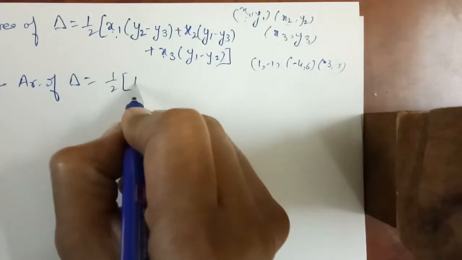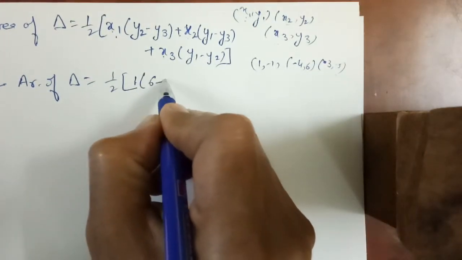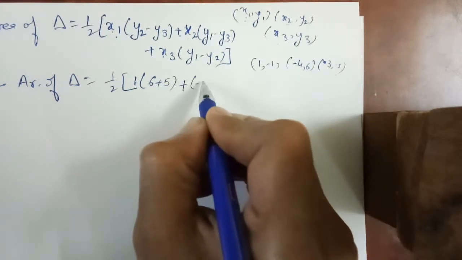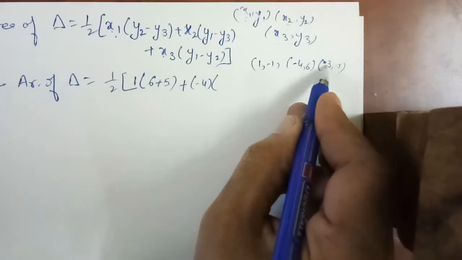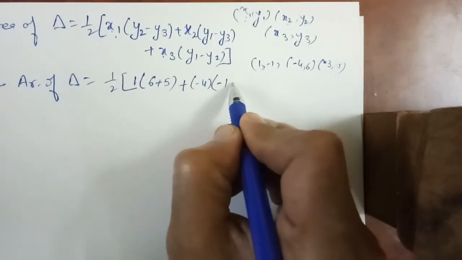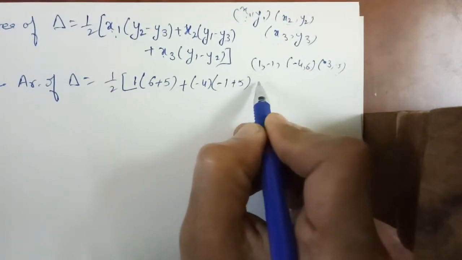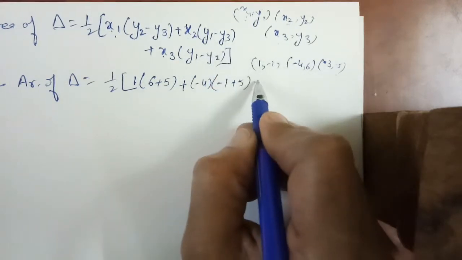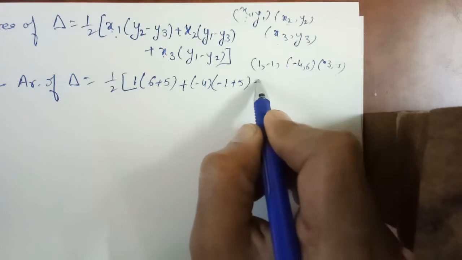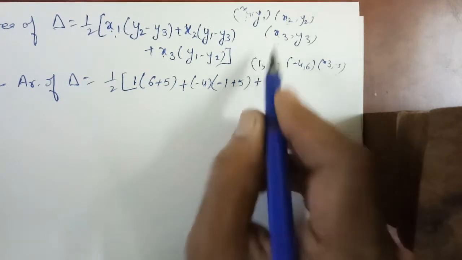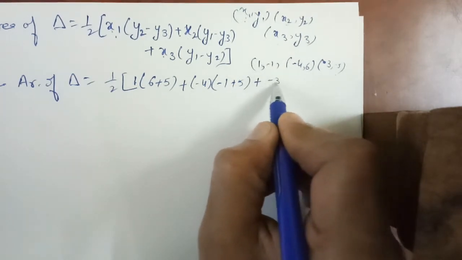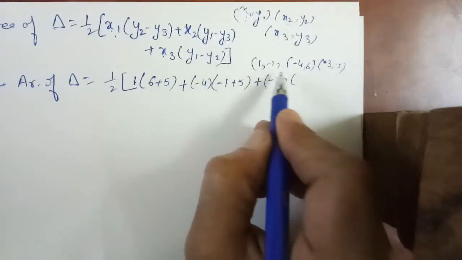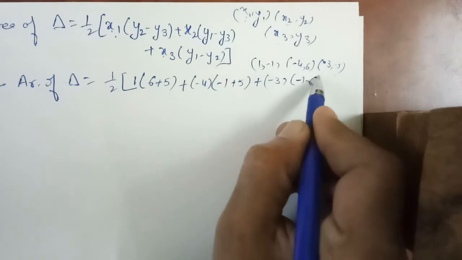Here x1 is 1, y2 minus y3 is 6 plus 5, plus minus 4 according to this, ordinate points are minus 1 plus 5. Next is plus x3 is minus 3, and y1 minus y2 is minus 1 minus 6.